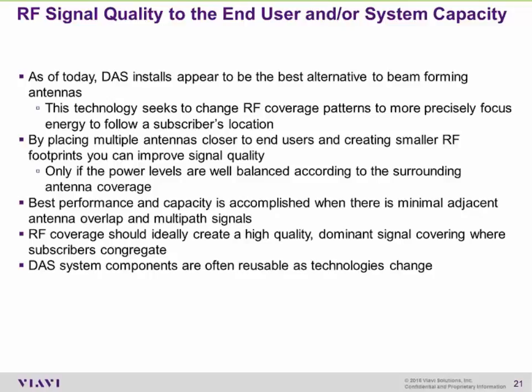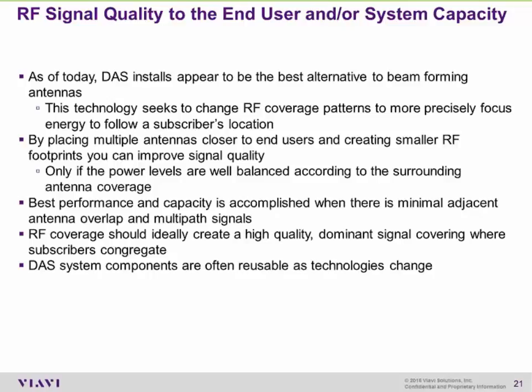Now, RF signal quality of the end user or system capacity. What you need to bear in mind is that when a signal leaves a transmitter, it's not going to get any better as it goes through the air. Now, in 3GPP specifications, even when UMTS first came out, they referred to something known as beam forming, meaning in an ideal world they'd like to direct the RF energy only to the people who otherwise need it.